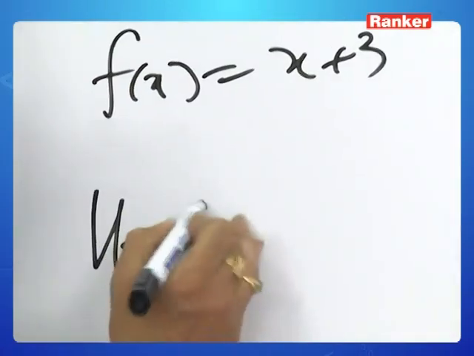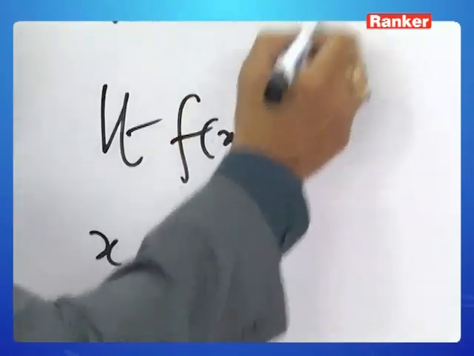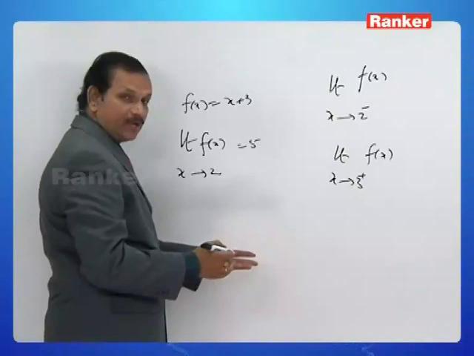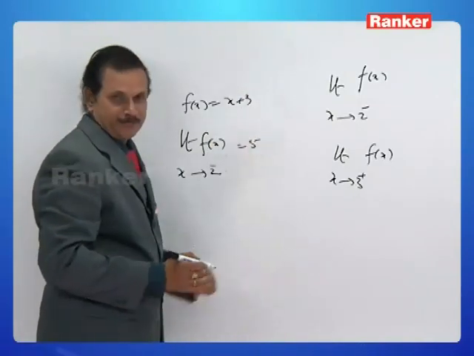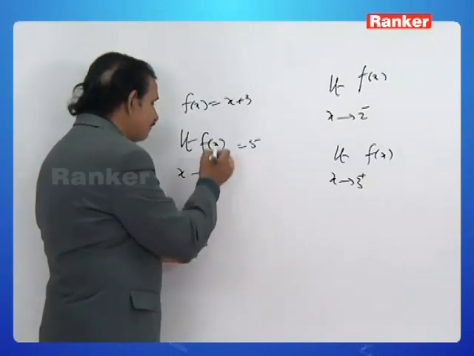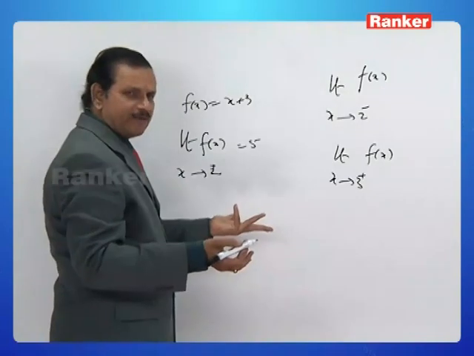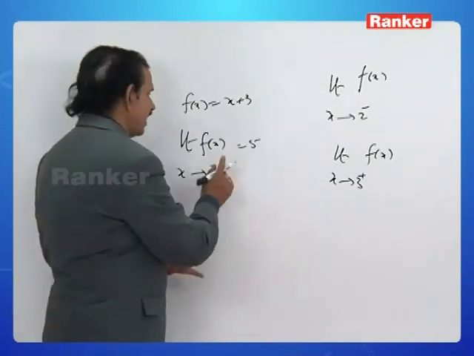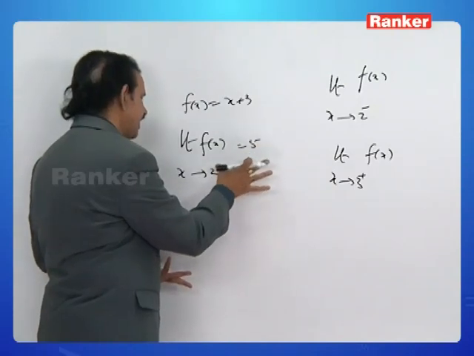Therefore, limit of f of x as x tends to 2 is 2 plus 3, 5. Why? If it tends to 2 from left, it is 4.999. If it tends to 2 from right, then it is 5.0001. Wherever it is, whatever it is, the actual limit is 5. The approximate value or the nearing value is 5.